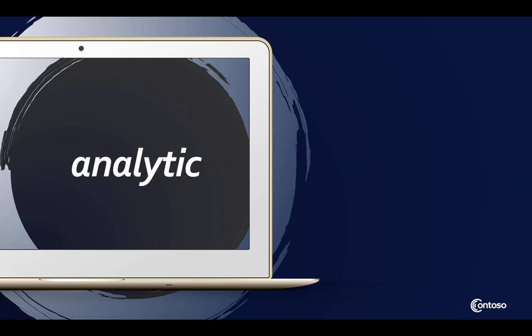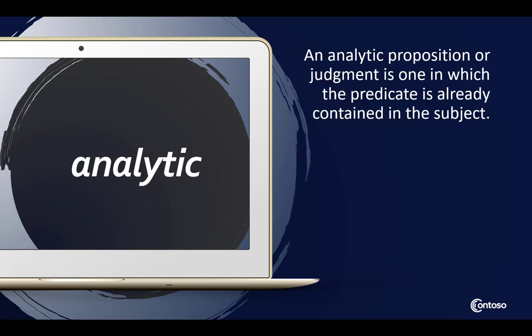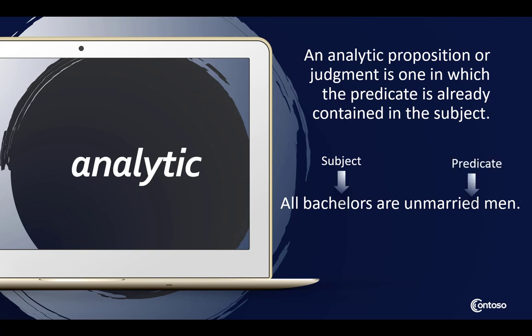Analytic judgments, or propositions, are those in which the predicate is already contained in the subject. So we need to give another example. All bachelors are unmarried men. The subject of that proposition is bachelors, and the predicate is unmarried men.